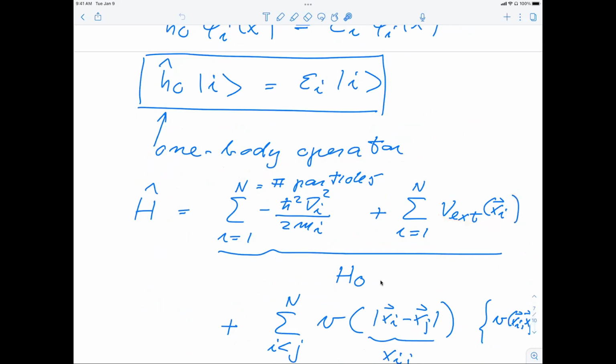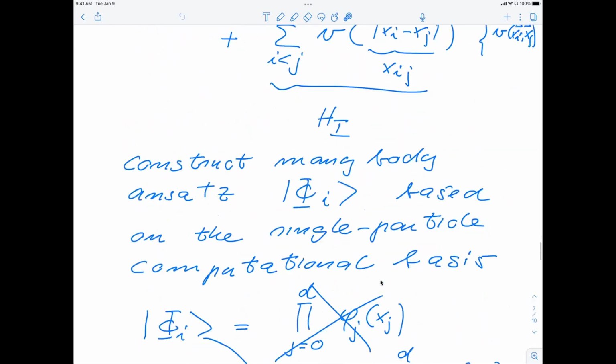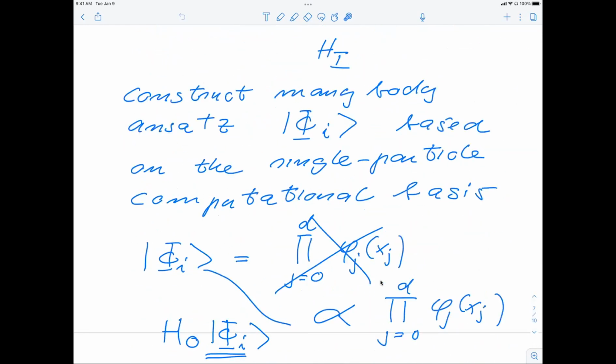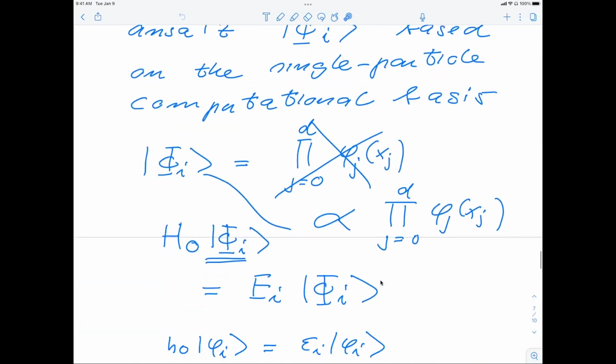But it will not be an eigenbasis of the full Hamiltonian. So typically then what you would do is to construct a many-body ansatz based on the single particle computational basis.